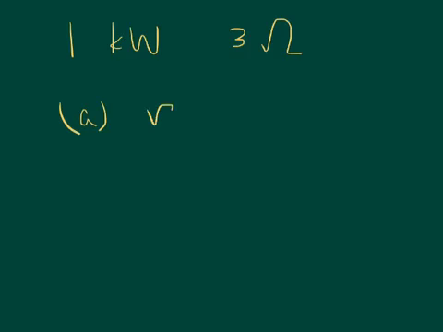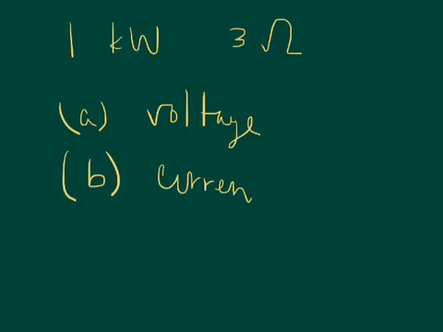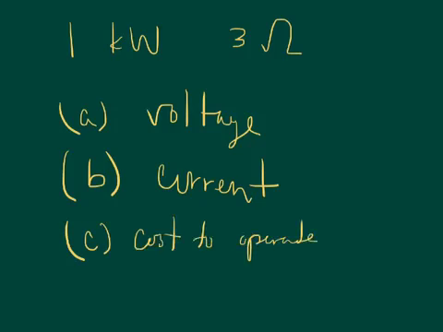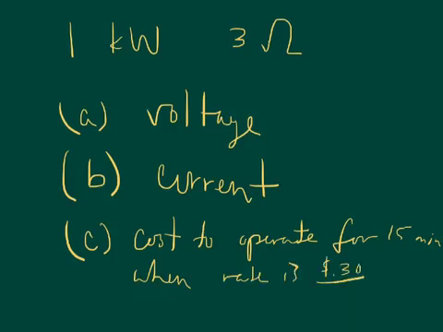Determine the voltage. And I'm putting it in order, so do it in the order I put it in. The current. And the cost to operate for 15 minutes when the rate is, let's say, 30 cents an hour. Or kilowatt hour, sorry.